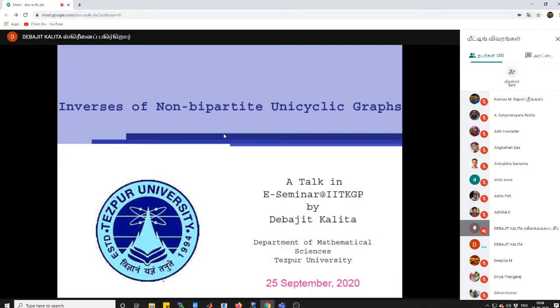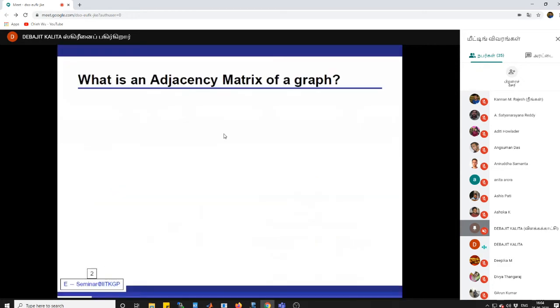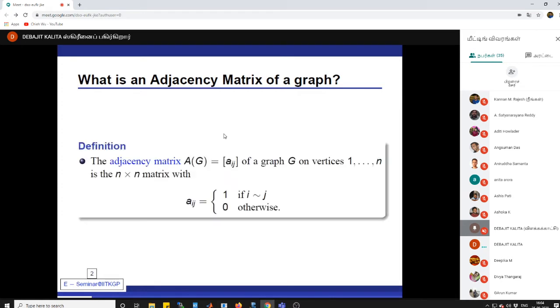So before we begin, we start with the definition of adjacency matrix of a graph. Most of us are familiar with this, but okay, let's have the definition.